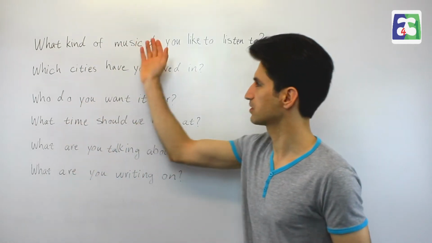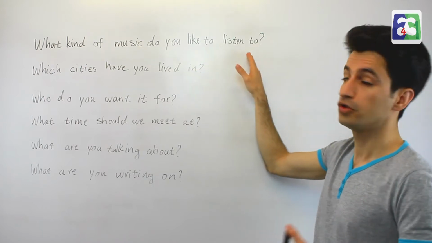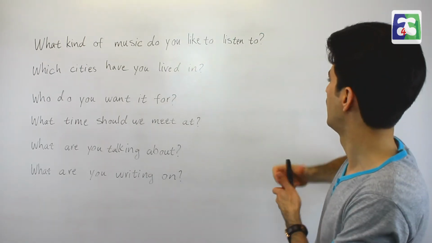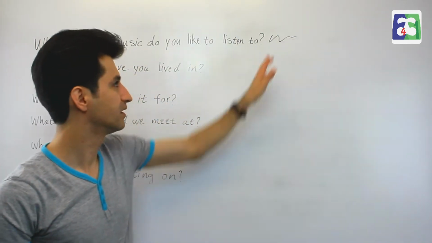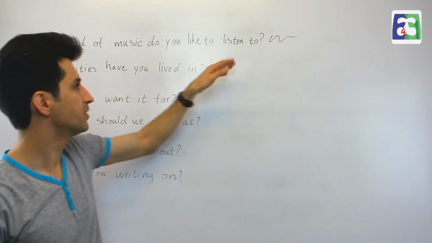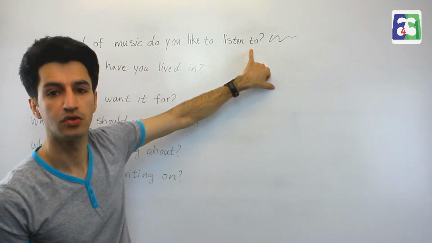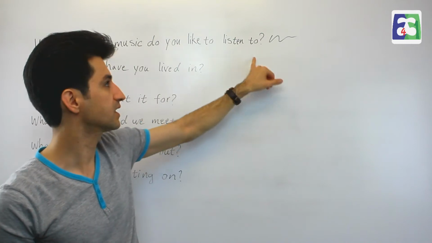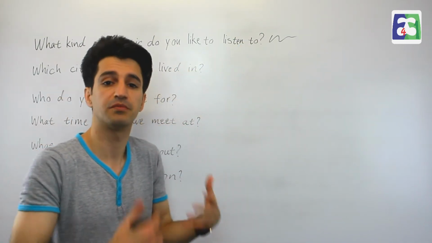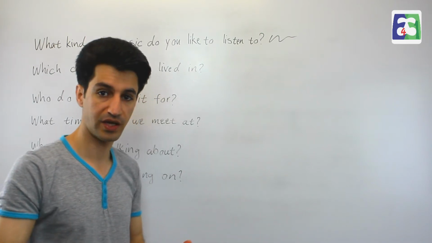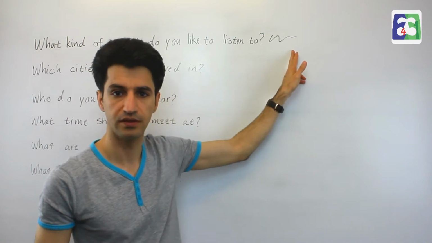The person says, for example in this one, I like to listen to blah blah blah, and I didn't hear this bit. The person says, I like to listen to. You see, the person says to. This is a part of the statement that the person makes, and I didn't hear the part after it.